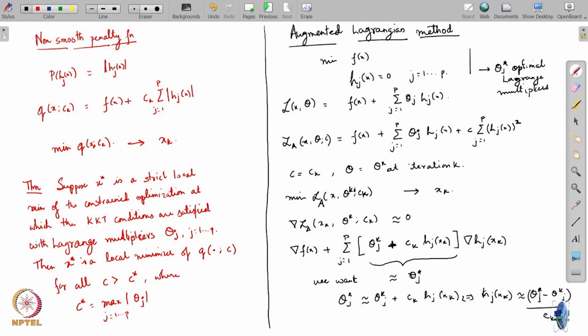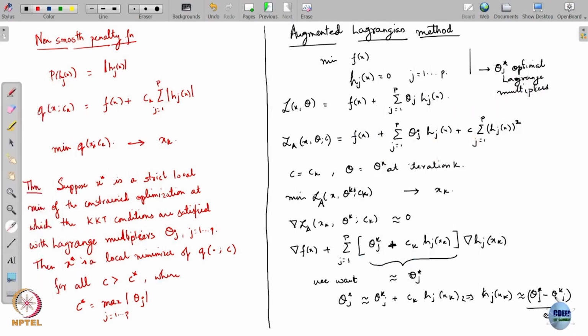Now, the consequence of this little calculation is that if I am somehow able to get the numerator close to 0, that means I have my Lagrange multiplier correctly figured out, that is theta k is close to theta star, then even when C k is finite, I should still be able to make h j of x k close to 0.